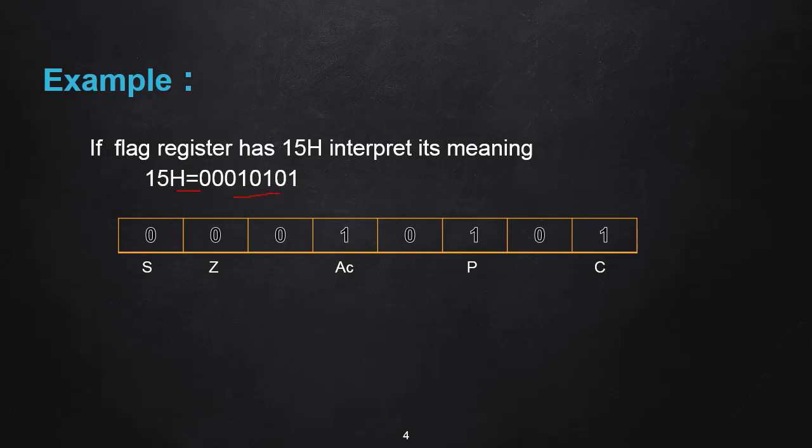After that, 5 is a hexadecimal number and its binary equivalent is 0101. Then you have to put this number in the flag register.